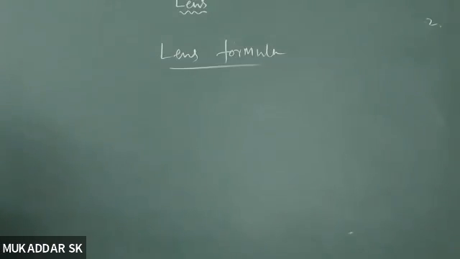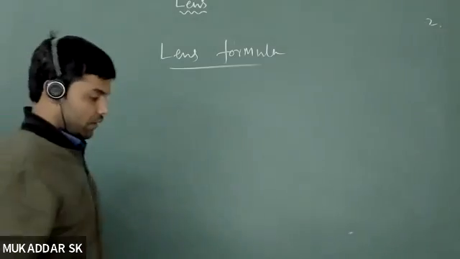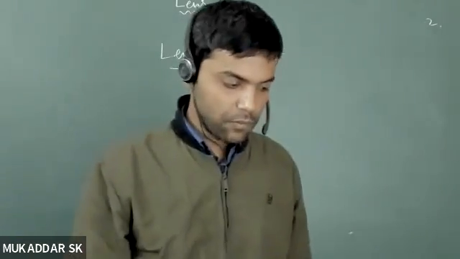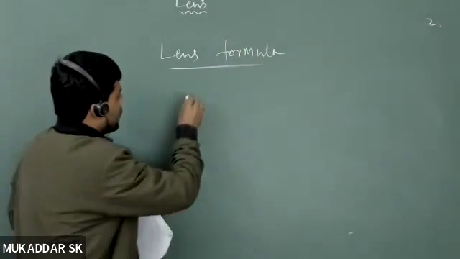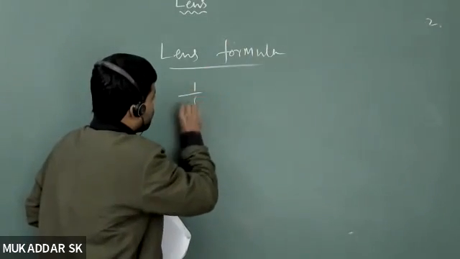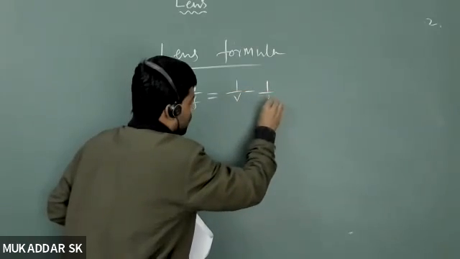So for lens formula, if you remember, for mirror, it was like 1 by v plus 1 by u equals to 1 by f. But for lens, it will be different. So for lens, that reciprocal of focal length, that is nothing but 1 by v minus 1 by u. Okay.